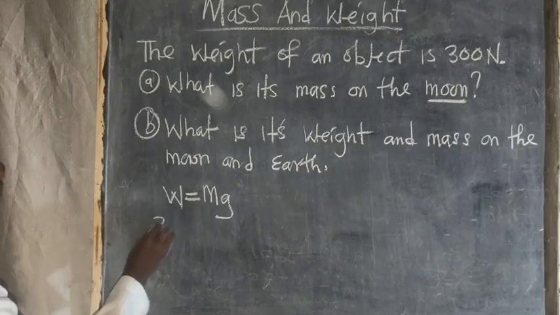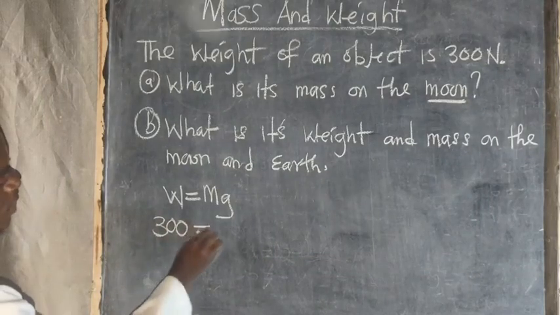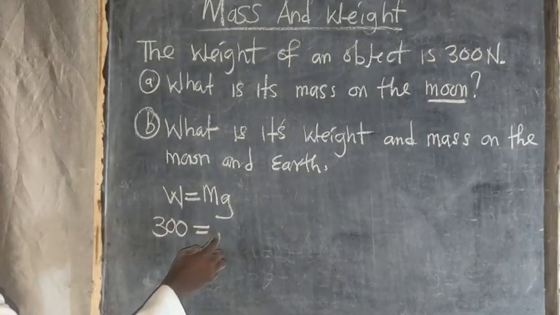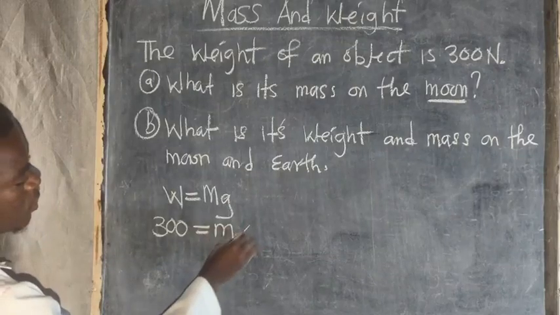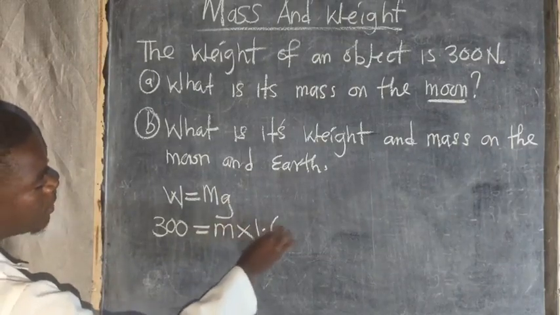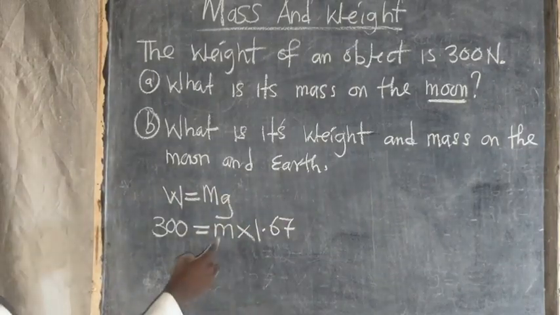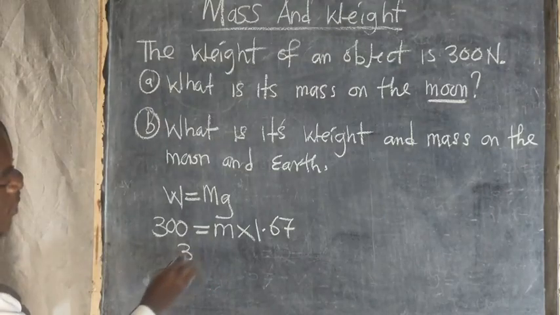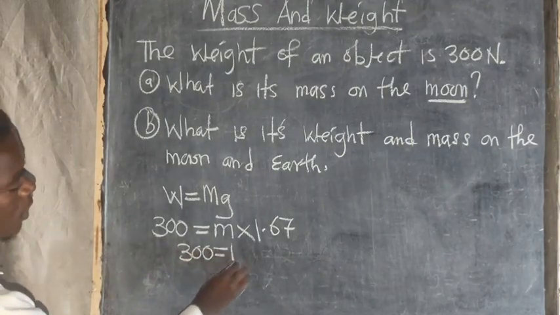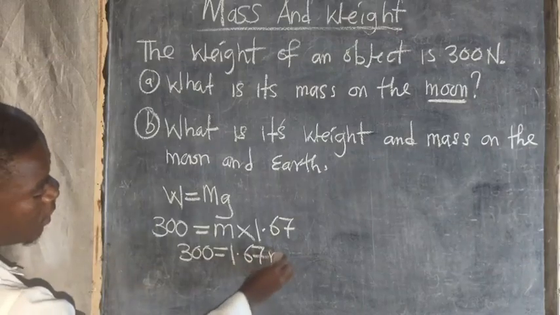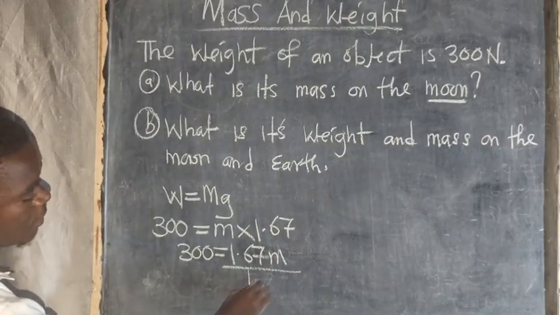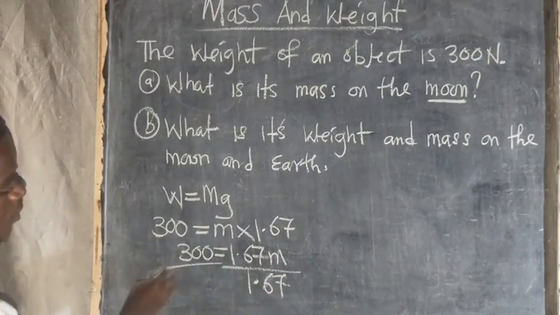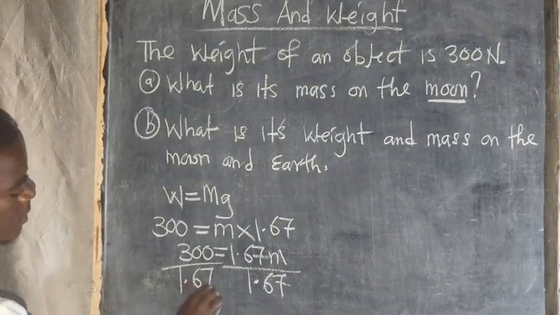Weight you are given, that is 300, and you want to find the mass. So 300 is equal to 1.67 times m, which is the mass. Divide both sides by 1.67.